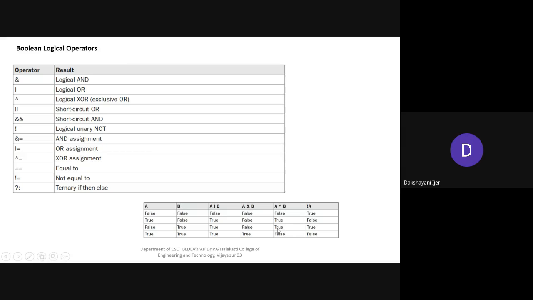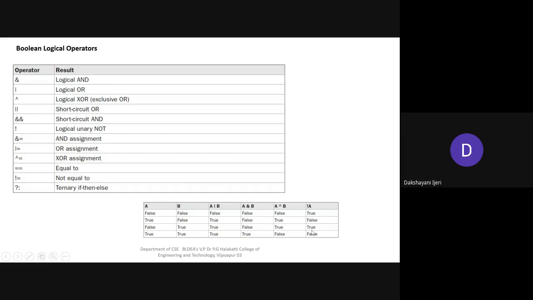Exclusive OR is going to give you the result true if only one is true and the other is false. If both values are the same, either false or true, it will give you the result false. In case of the unary, it is going to just invert the value. If it is applied on A, you can see here false will become true and true will become false. This is how the unary is done.